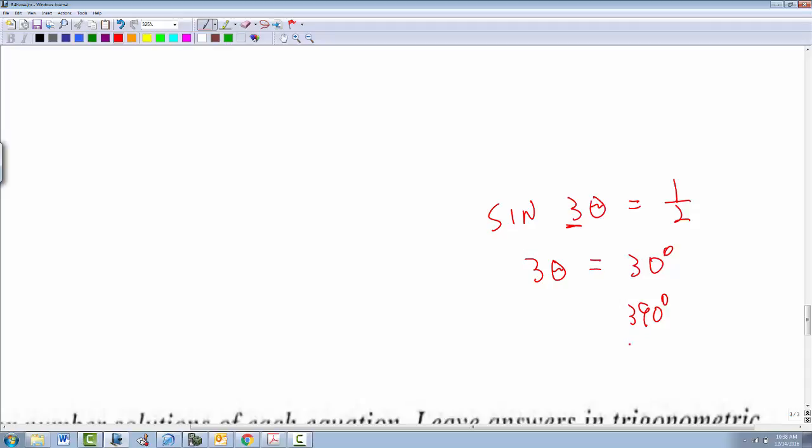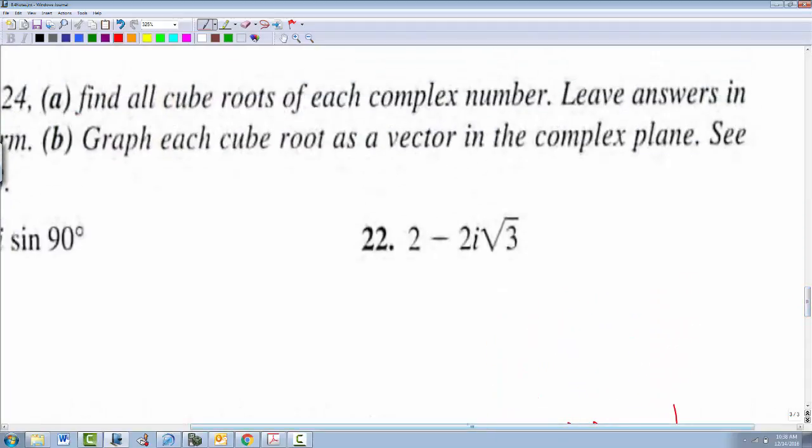So 30 plus 360 is 390, plus 360 is 750. Then you divided all these by 3. And the reason this happened was, what's 750 divided by 3? A number between 0 and 360, right? That's 250. Okay, so it's behind the scenes, the math that we're going to do for this.